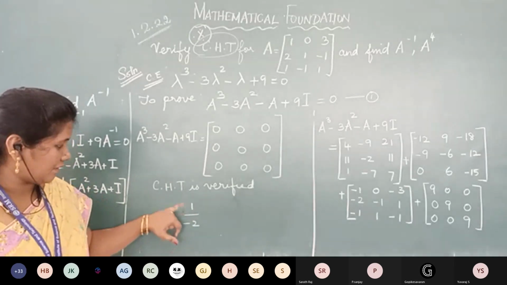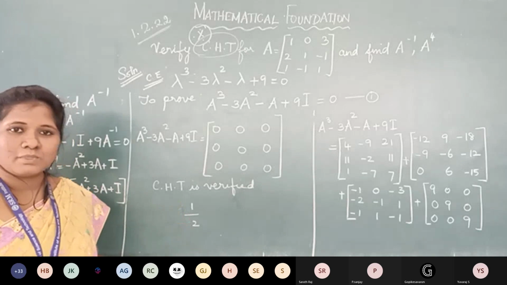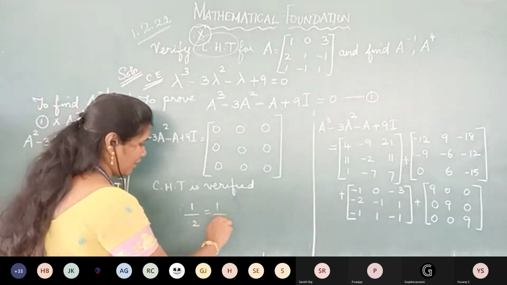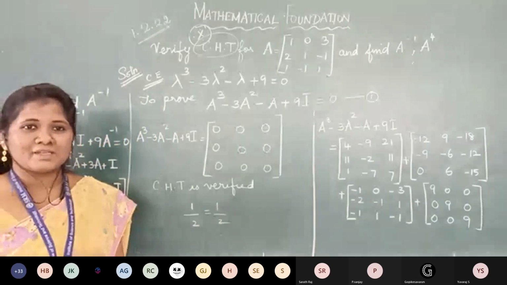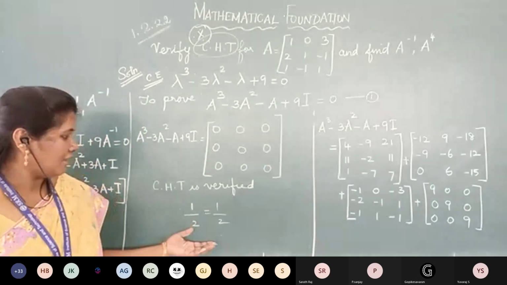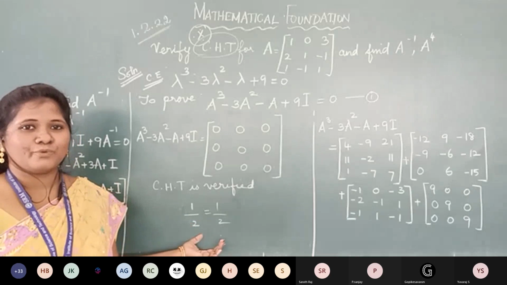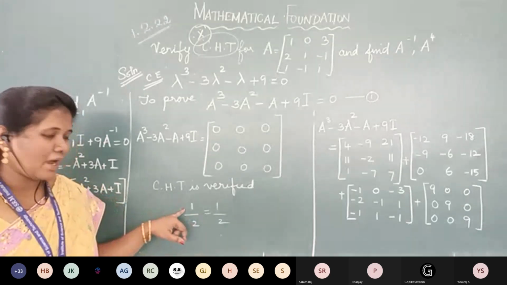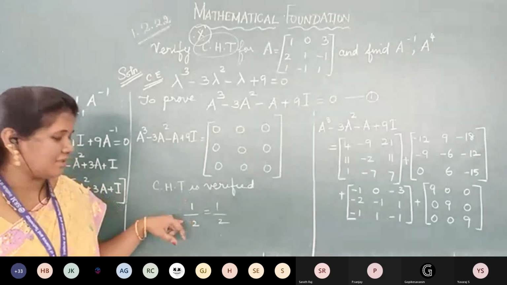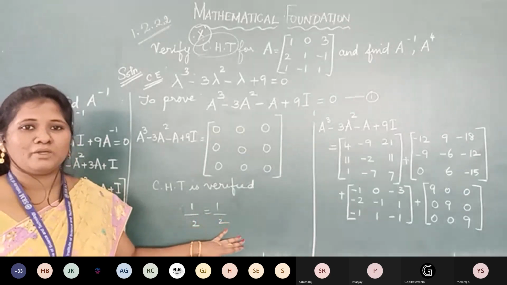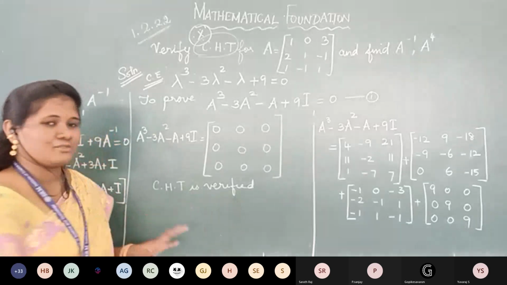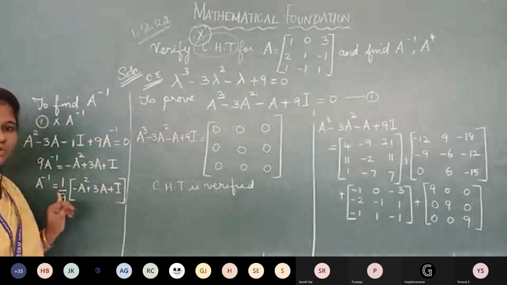So this minus minus will get cancelled, and this will change to 1 by 2. The student who had gone wrong will understand why I'm telling this. Suddenly you got 5; I don't know how you're getting that value. When you have this minus sign, that negative sign will get cancelled and you will directly get 1 by 2 only.